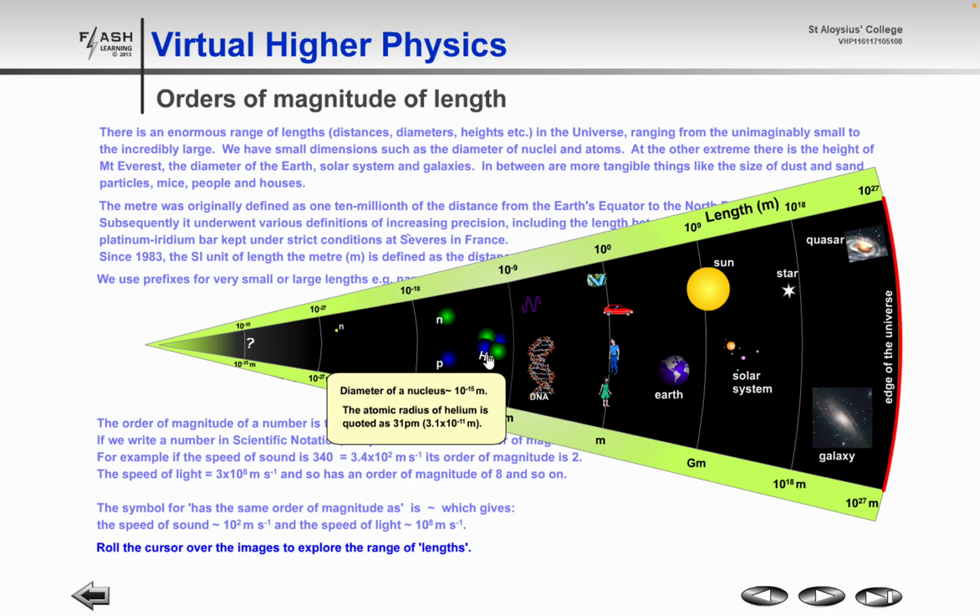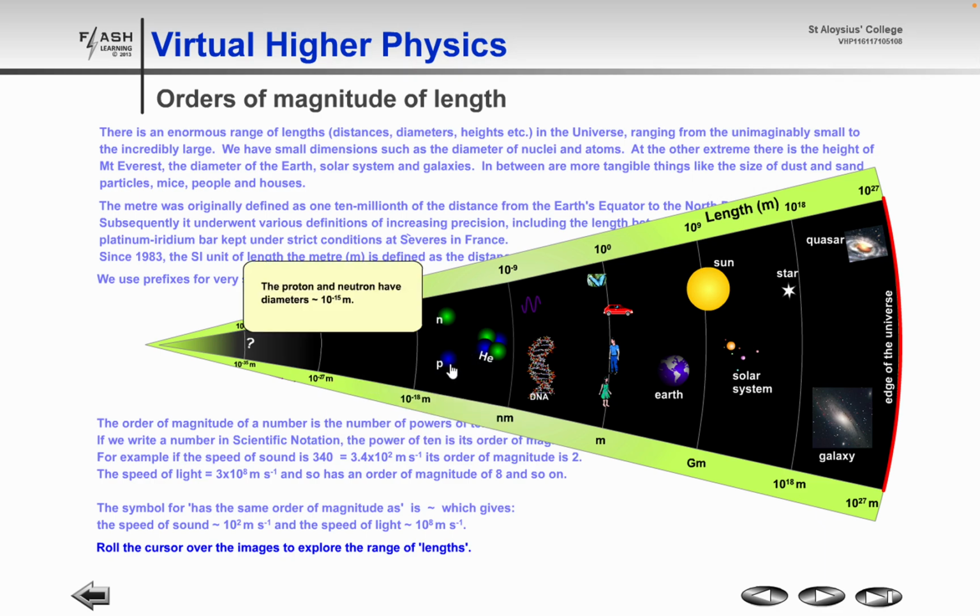So just to give you an idea of that approximate variation between the nucleus and the atom as a whole. So the nucleus about minus 15, the atom as a whole about minus 11. Okay, so the nucleus is about 4 orders of magnitude smaller compared to the atom.